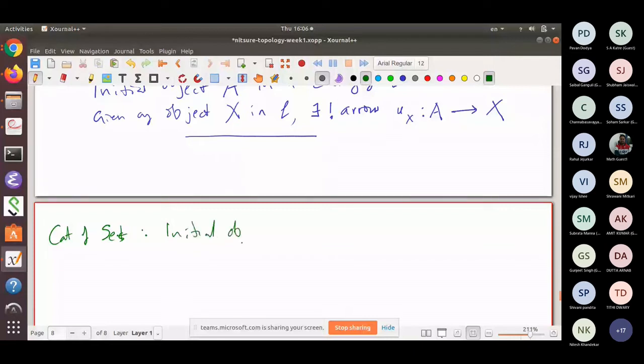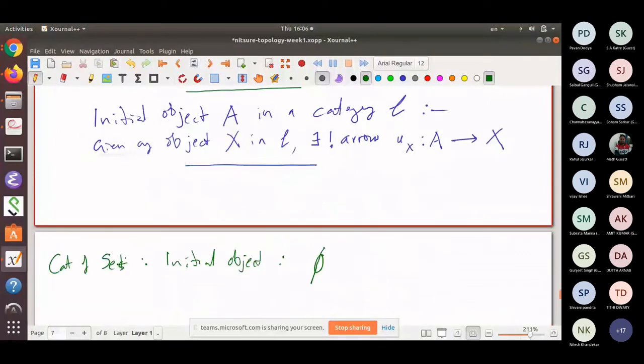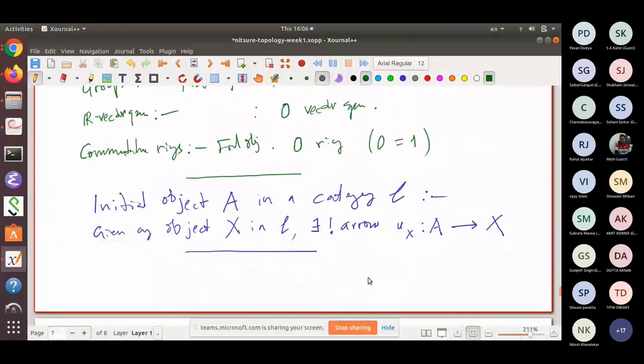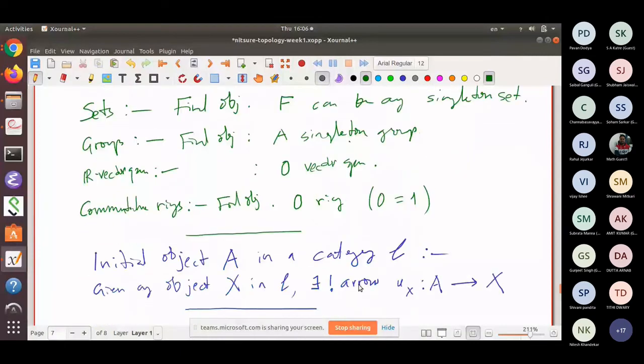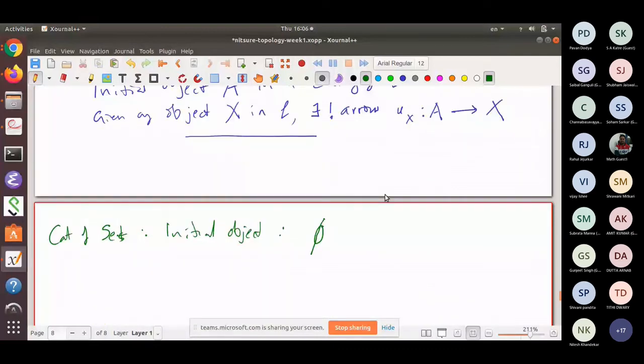Initial object, the empty set, because given any other set, there's a unique map from the empty set to it. So see here, the initial object is not the same as the terminal or final object. The final object was a singleton set, and the initial object is the empty set. So in sets, these are different.